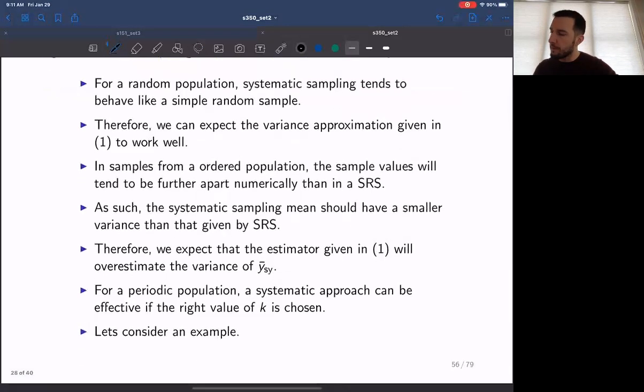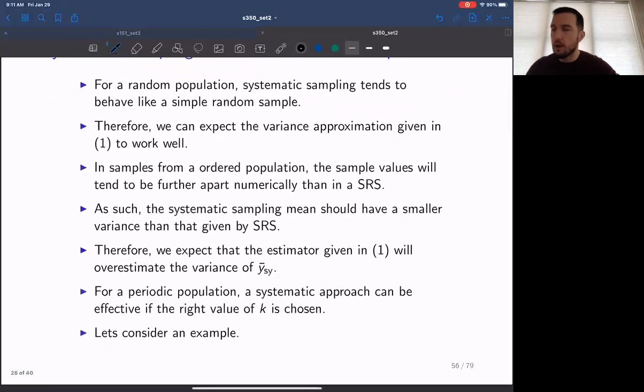When we use ordered populations, we would expect rho to be negative. Therefore, the systematic sampling variance estimator should be smaller than that given by SRS. So in this case, SRS would act as an upper bound on the true variance of the mean.